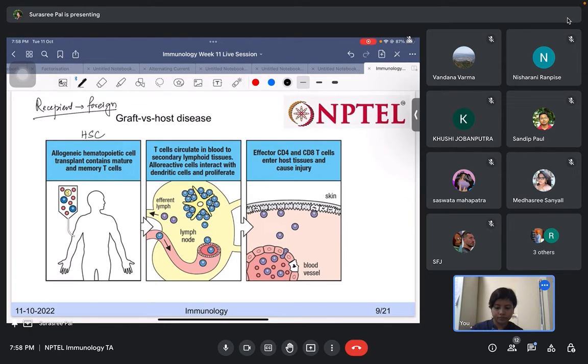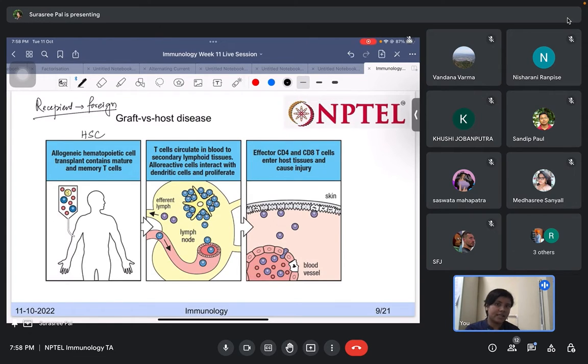Okay? And also remember that this graft-versus-host disease is very common in case of the differences between minor histocompatibility antigens as well. So which is why, as you understand again, that immunosuppression is very, very necessary in all these cases, right?